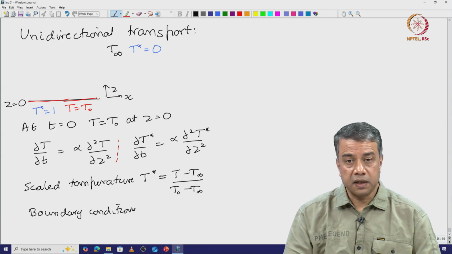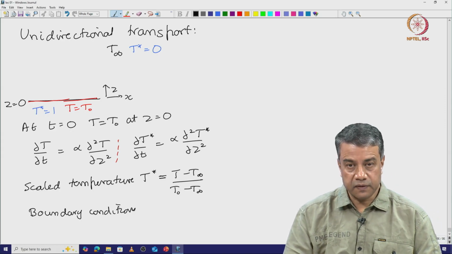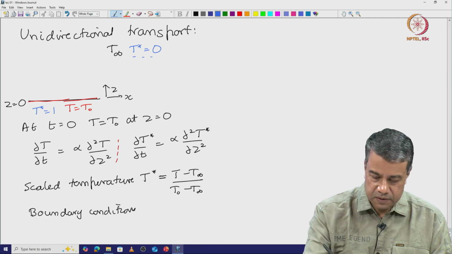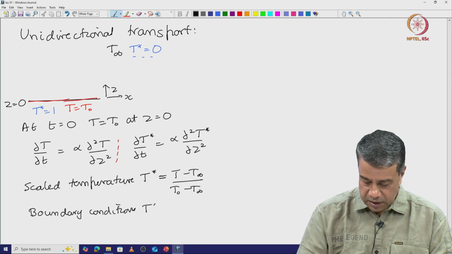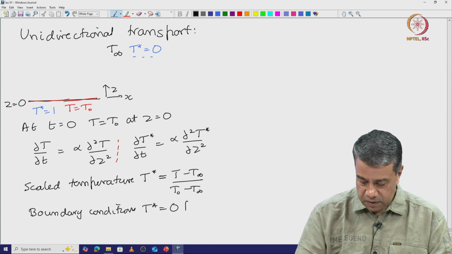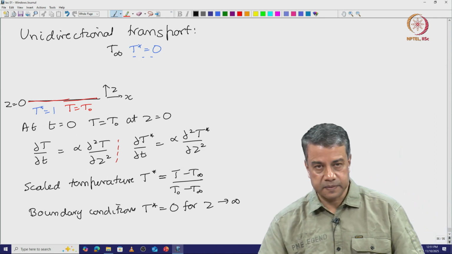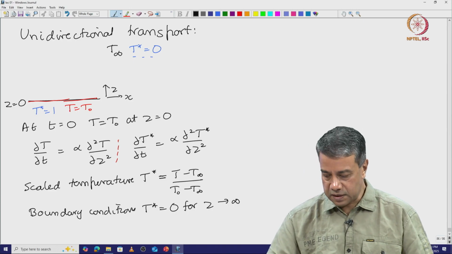are that far from the surface, T star has to be equal to 0. So, therefore, T star is equal to 0 for z going to infinity, far from the surface, because that is the condition that you are applying.